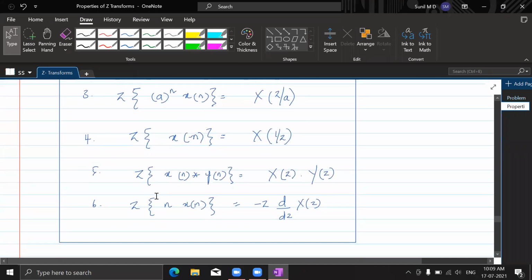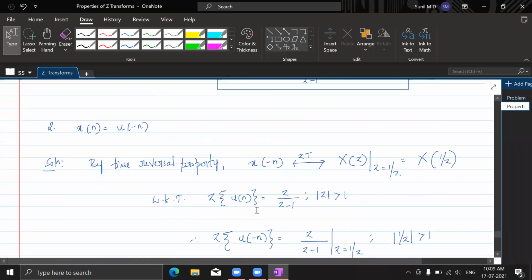See, here we are multiplying n to x of n. So it is what? Differentiation in time domain property.